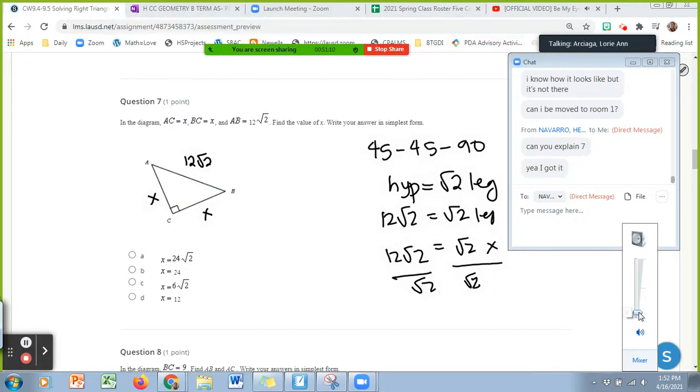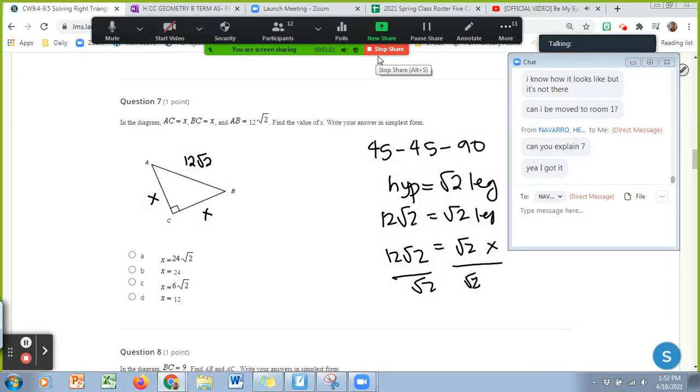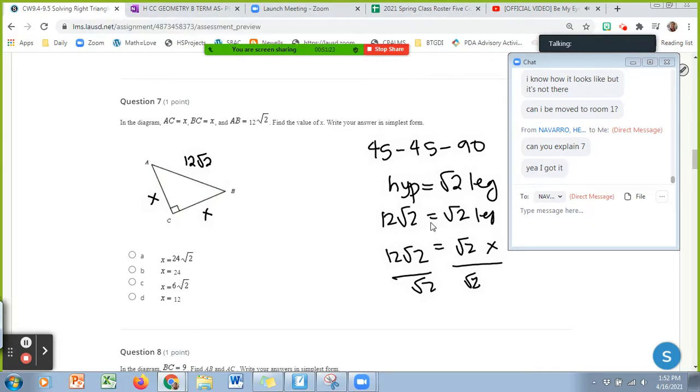So I'll lower it down. Any other questions you might have? Just let me know in the chat pod. You can DM me if you don't want everybody to see.